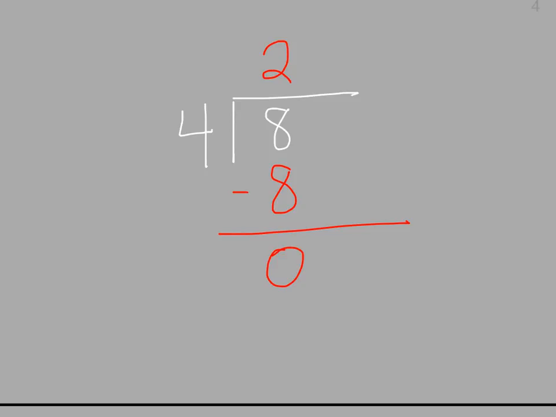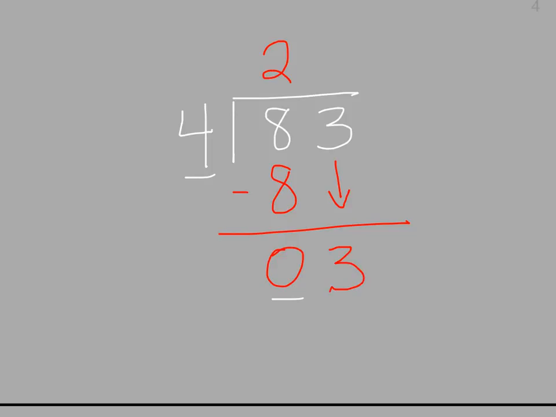But wait, Mr. Hancock, what about that 3? Yes, let's not forget about that 3. Since I can't go 4 into 0, because the 0 is too small, I'm going to bring down his little buddy, this 3. And that makes it a 3.